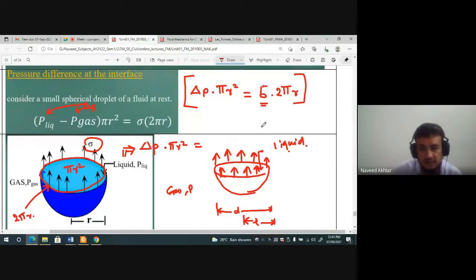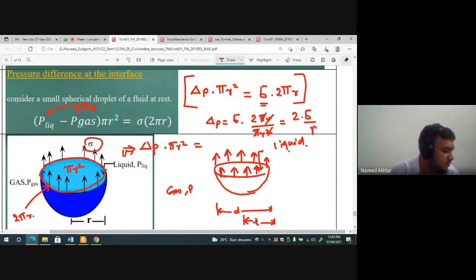So if I write delta P, it is equal to sigma 2 pi r upon pi r square. So this r will cancel, this pi will cancel, so it will be 2 sigma upon r. So the change in pressure is nothing but 2 sigma upon r.